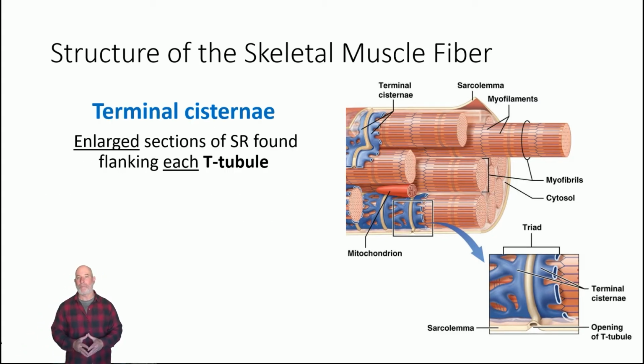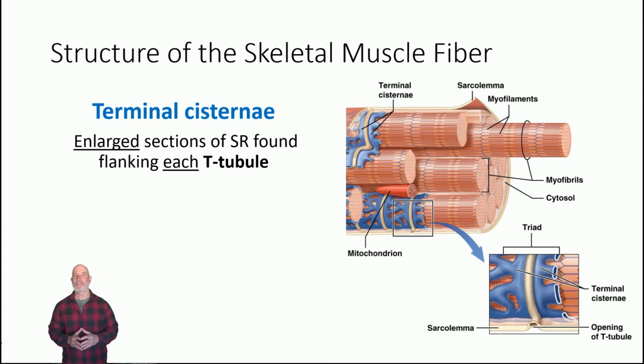Now, one more part. This is going back to the sarcoplasmic reticulum. That stores calcium ions. Calcium ions are needed for muscle contraction. So at the ends of the sarcoplasmic reticulum are what we call the terminal cisternae. Okay, they're just enlarged parts of the SR, and they're flanking the T-tubules. Well, that makes sense, right?